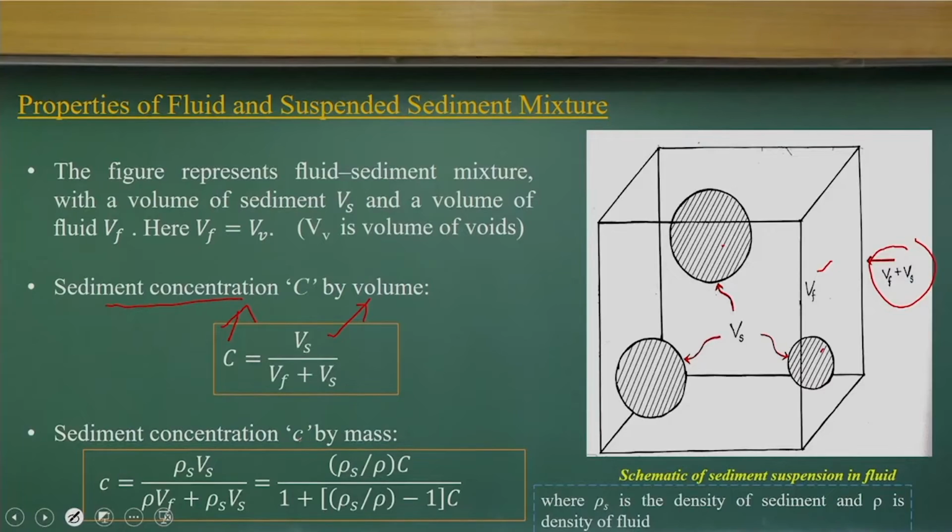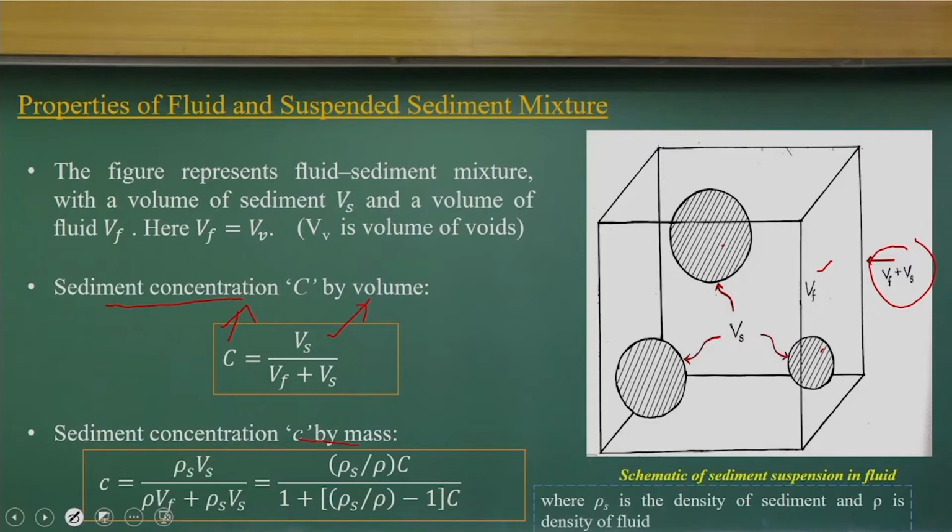So if I find the concentration by mass, which we denote as a small c, that will be the mass of the sediment particles divided by the total mass of the system, which is easy, just multiplying by the respective densities. Here rho s stands for the density of the sediment particles and rho stands for the density of the water. So you can compute the sediment concentration by mass.